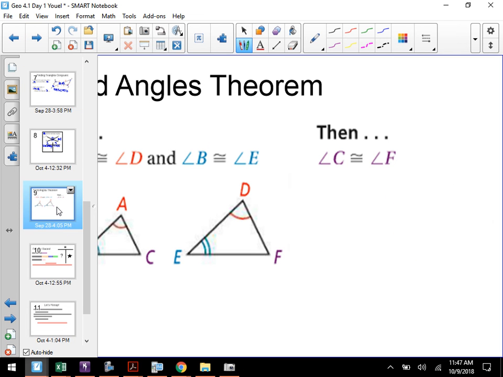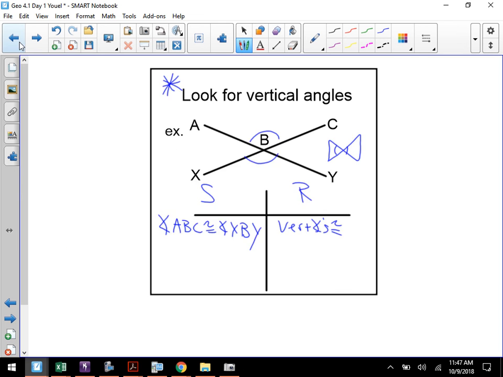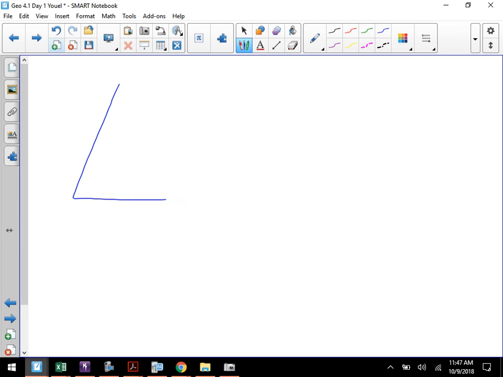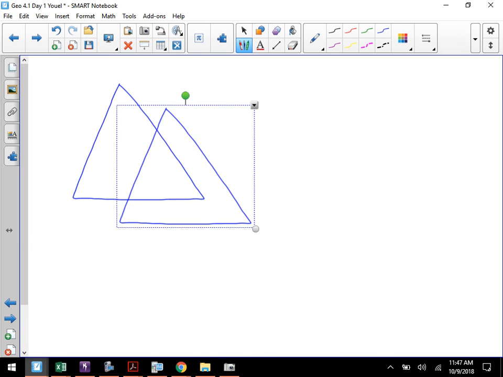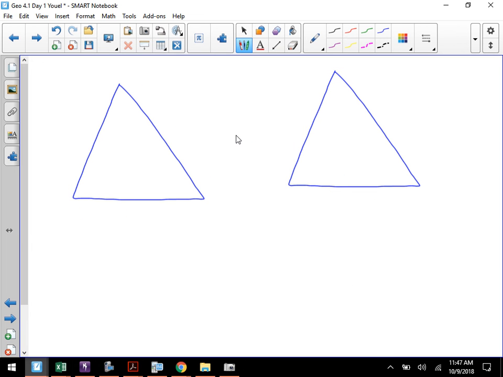Here's a real easy thing. Let me talk about this. How many degrees are in a triangle? 180, okay. So if I say this is triangle ABC, XYZ.